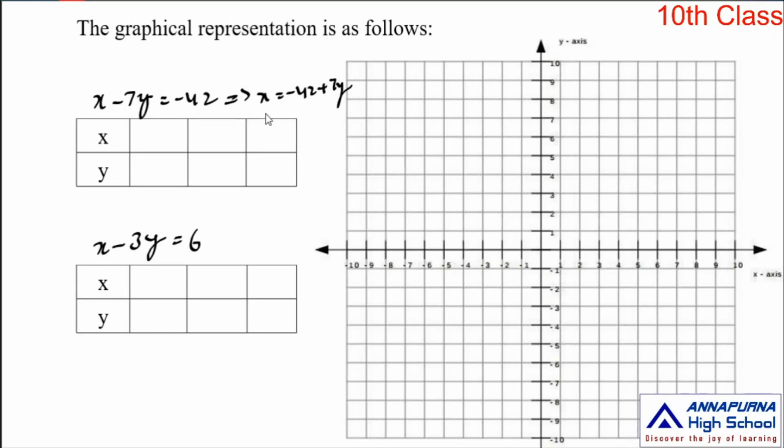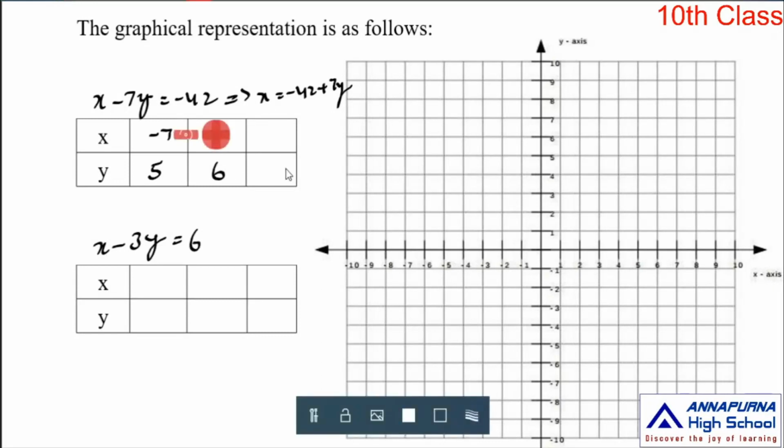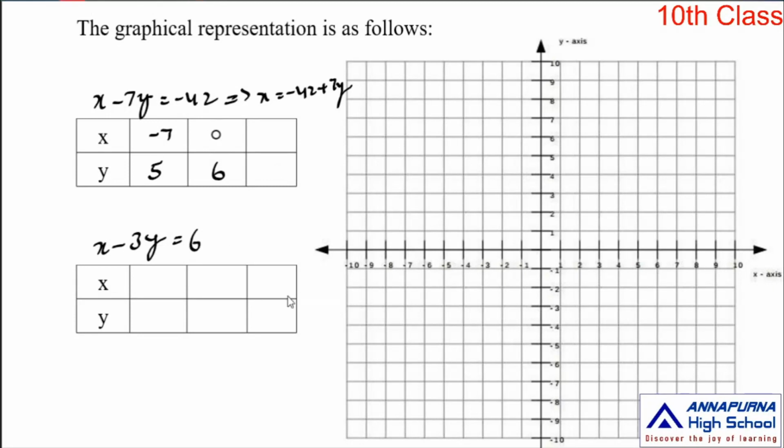If y is equal to 5, then x is 7 into 5, 35, minus 42, which is minus 7. If y is equal to 6, 7 into 6, 42, minus 42, it is equal to 0. And y is equal to 7, so 7 into 7, 49 minus 42, it is equal to 7. So these are the three solutions which satisfy the first equation.